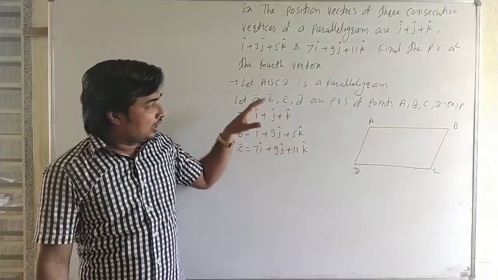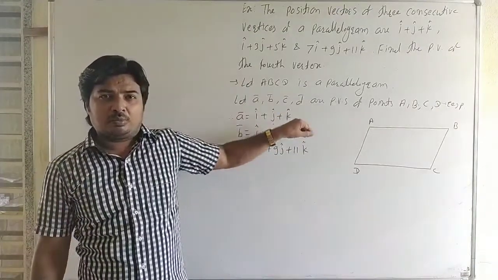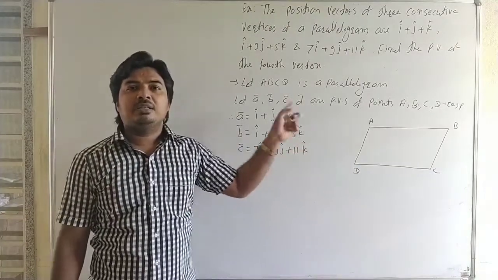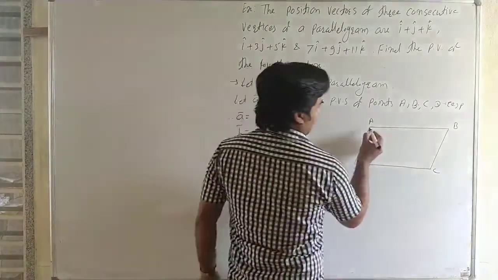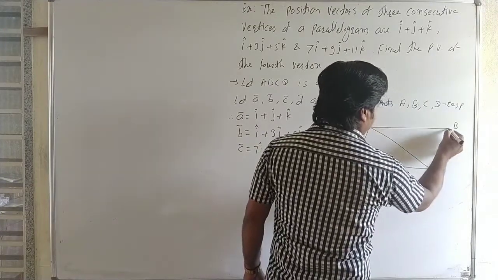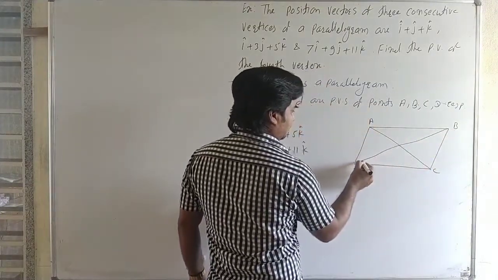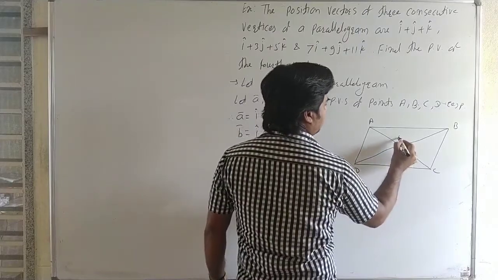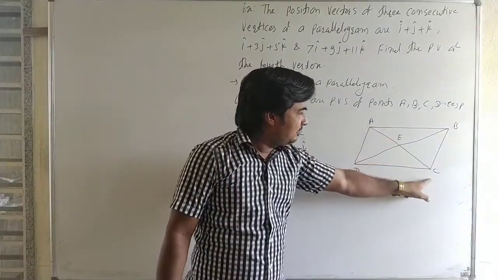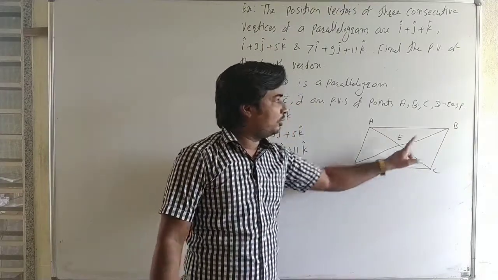Then by using the properties of a parallelogram, the diagonals of a parallelogram bisect each other. Therefore diagonal AC and diagonal BD bisect each other at point E. That is, E is the midpoint of AC and E is the midpoint of BD.